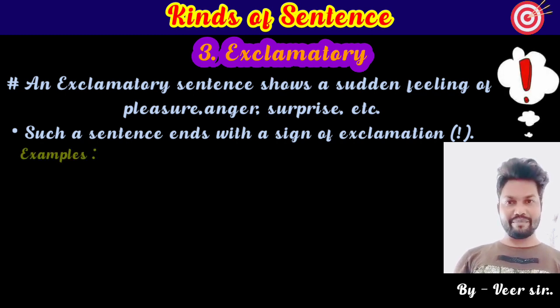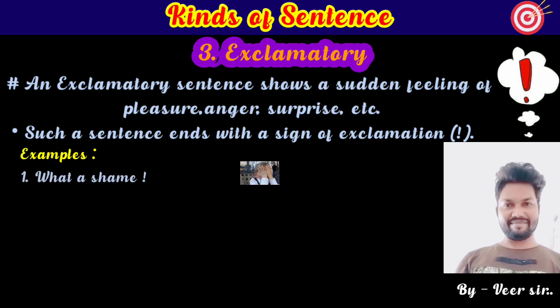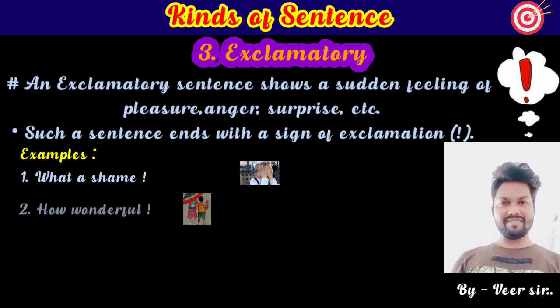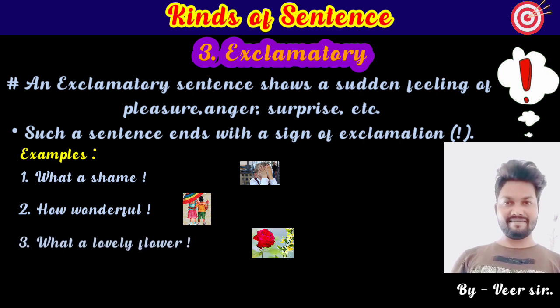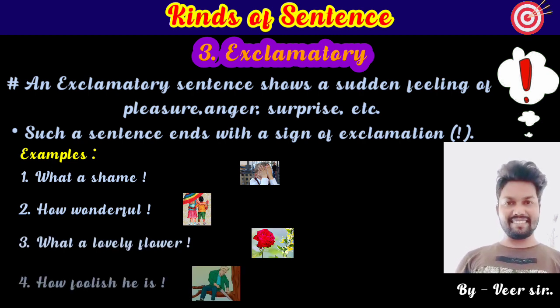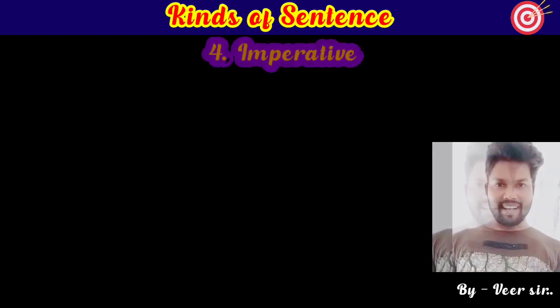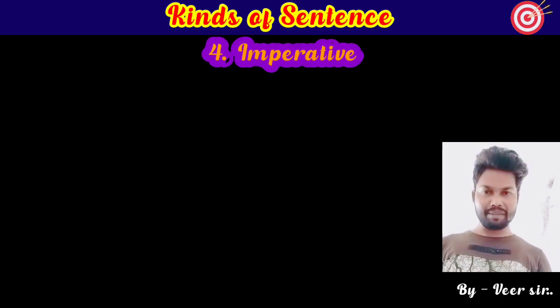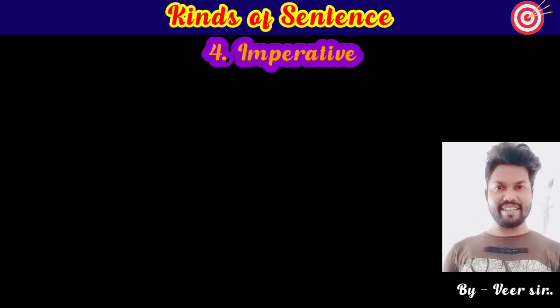Like we can say, what a shame, how wonderful, what a lovely flower, how foolish he is. So it's also very easy to identify such type of sentence which is always ending with an exclamation mark. Okay, is it clear? Now it's time to move forward to the last type of sentence, and that is an imperative sentence.